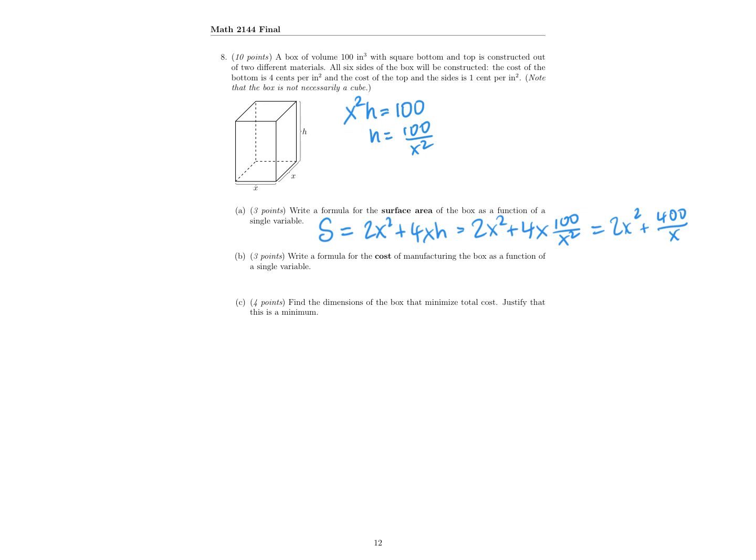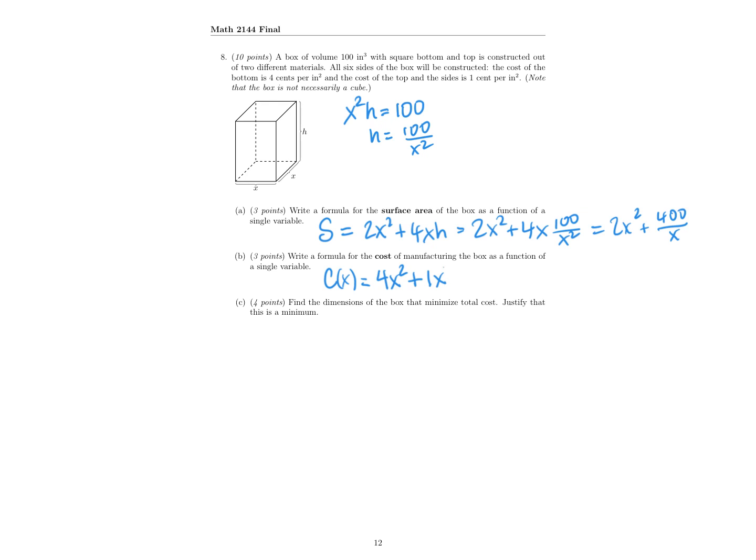Okay, now write a formula for the cost of manufacturing the box as a function of a single variable. C of x should be equal to, well, the 2x squared is multiplied by, okay, so the bottom is 4 cents per square inch. So 4x squared plus the top is 1 cent per square inch.